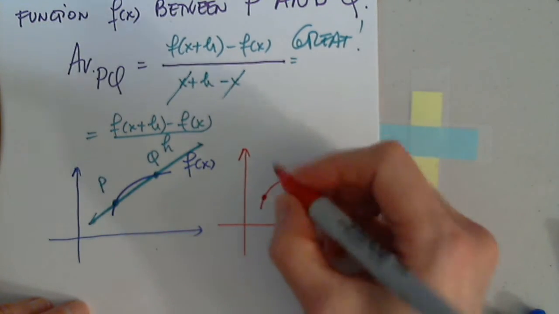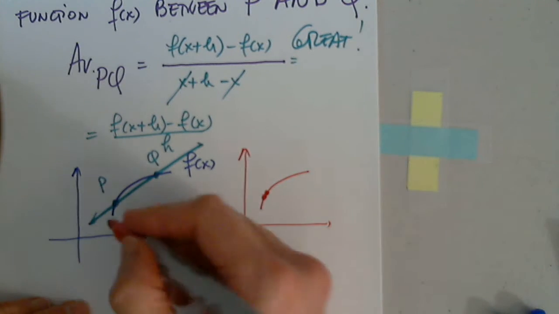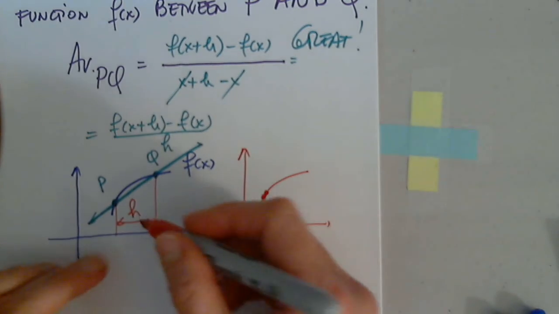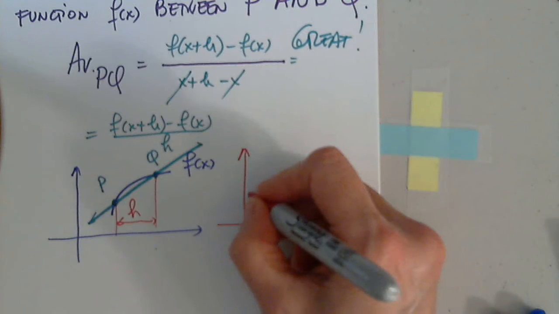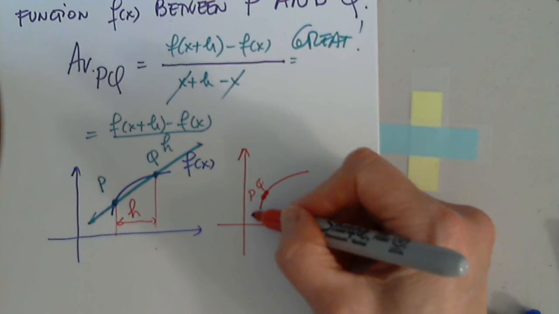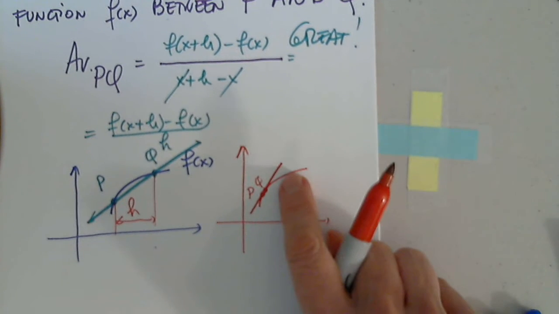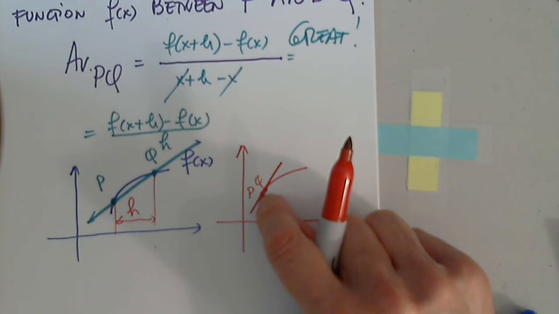P is here and Q is very, very close, because this distance is tiny, like 0.1 or 0.01 or tinier. So if this is P and this is Q, obviously this is the secant line. But would you agree that this kind of looks like a tangent line?